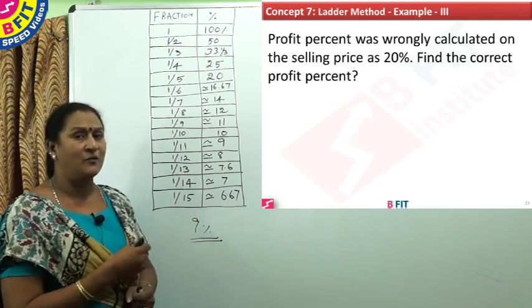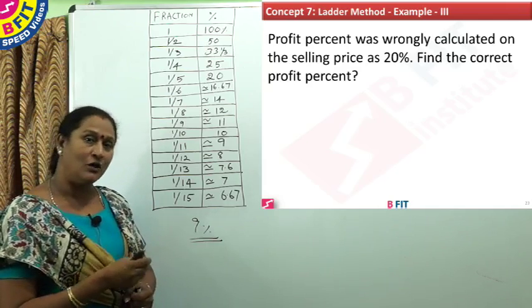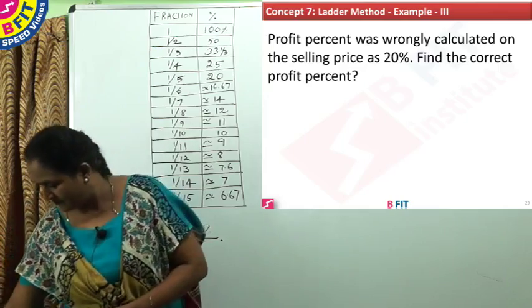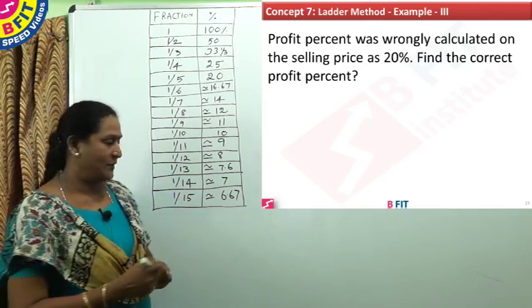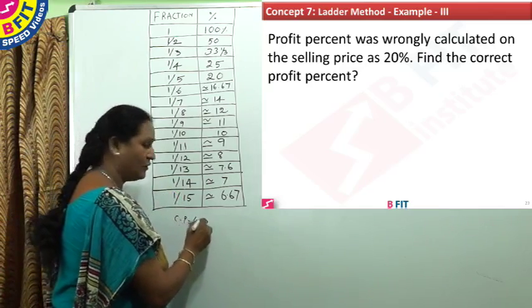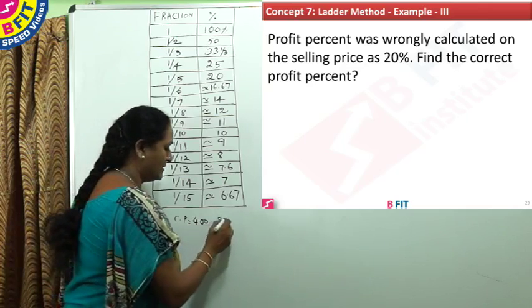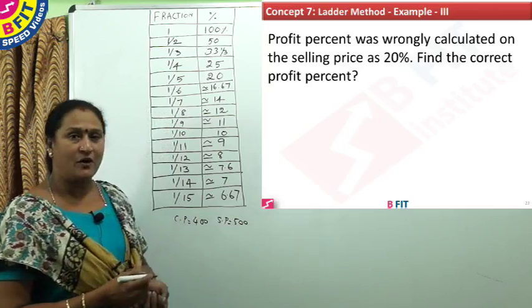So what will be the correct profit percent? Actually profit should be calculated only on the cost price. Say for example, the cost price is 400 rupees and the selling price is 500 rupees. So what is the profit?